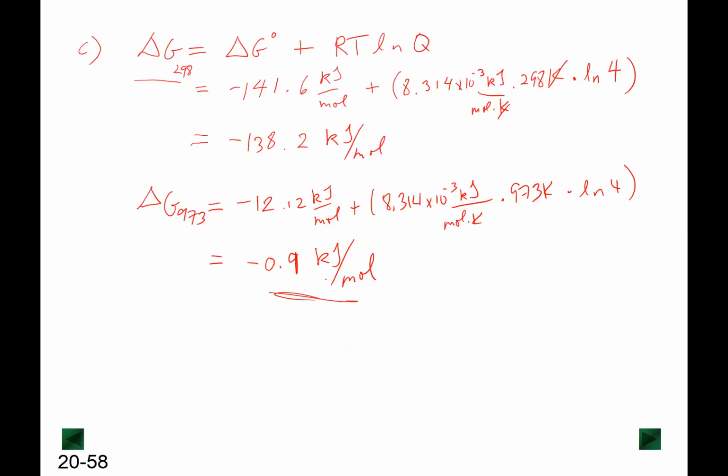It still will go quite a bit faster at higher temperature. And in this industrial process, they also will use a catalyst. So they use higher temperature and a catalyst to attain a higher rate.